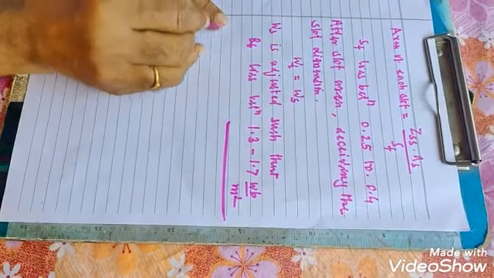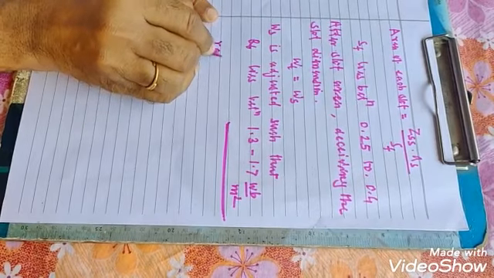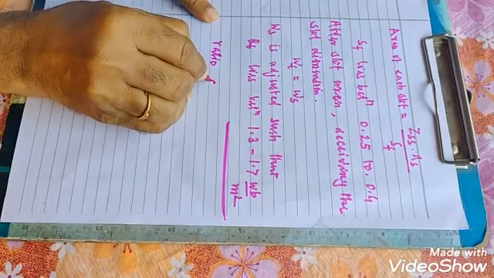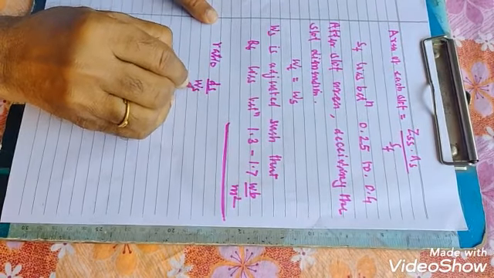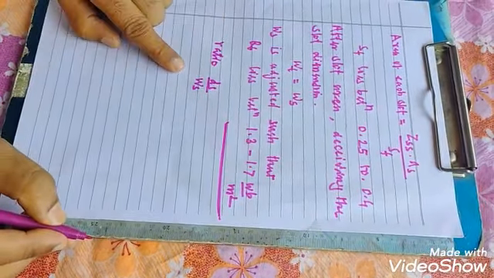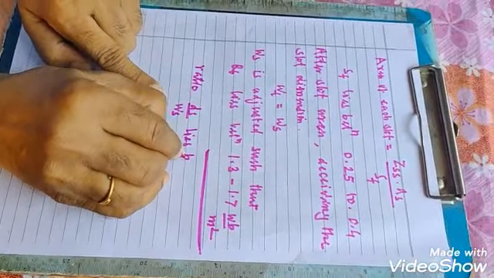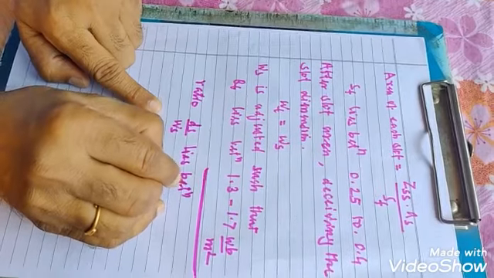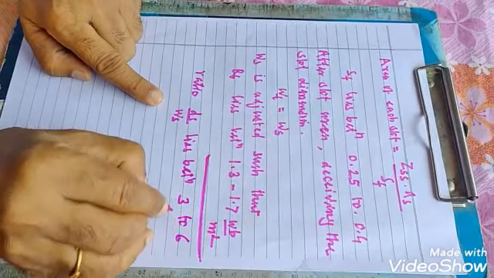Now generally, the ratio of depth of slot to width of slot lies between 3 to 6.